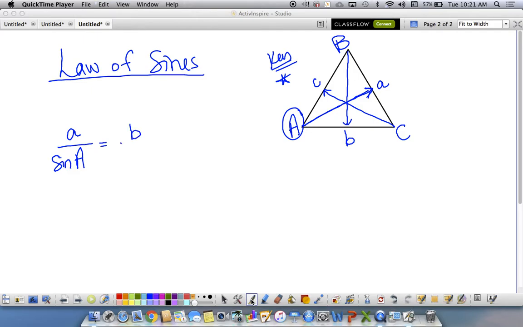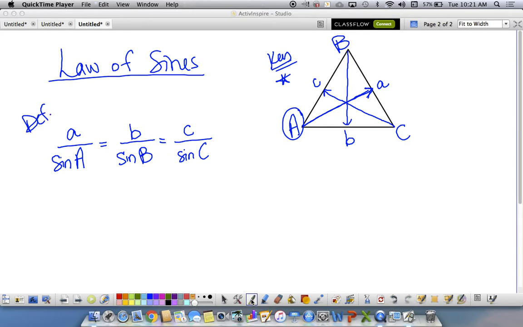So we can set up proportions for the side divided by the sine of that angle. If you have an angle and a side opposite that angle, then you can solve for unknowns.